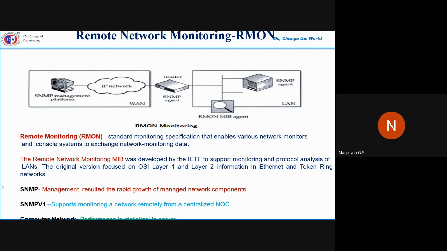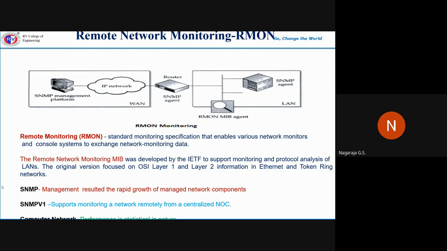As the resources grow, it is very difficult to have a particular solution to monitor your network resources. Some of you may go for NMS, some of you go for RMONs.